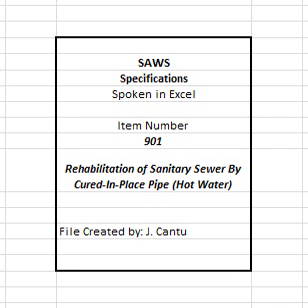10. Operation. A. CIPP installation shall be in accordance with ASTM F1216, Section 7, or ASTM F1743, Section 6, and manufacturer's recommendations with the following modifications. B. Resin impregnation.